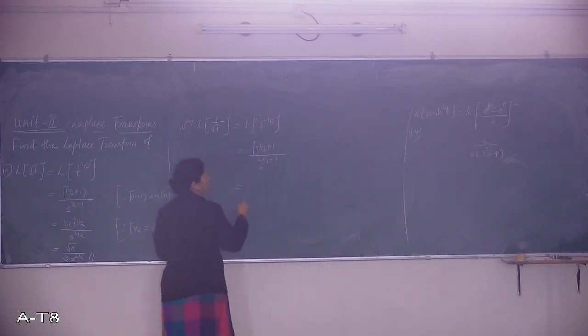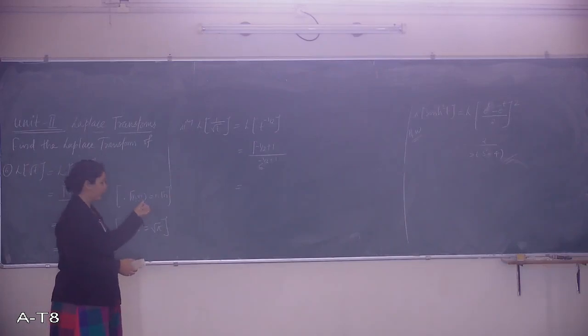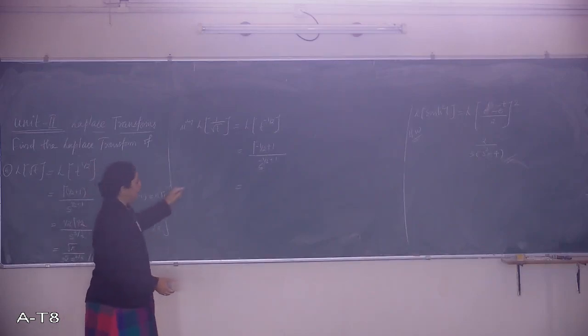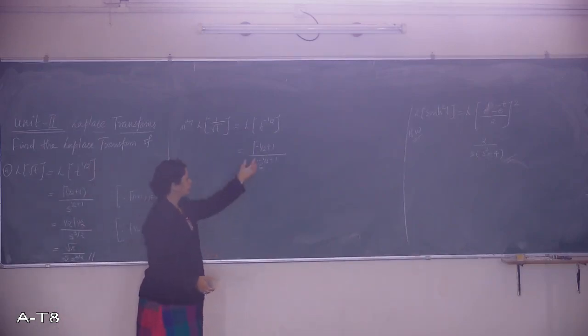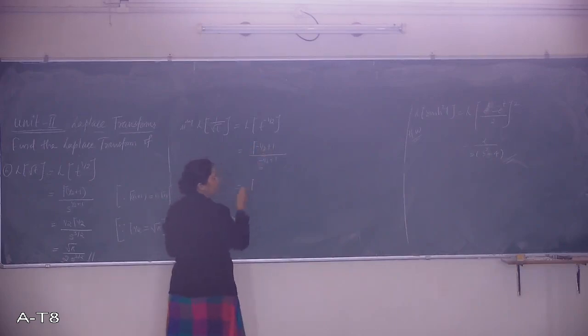Now simplify this. When n is positive, gamma n plus 1 is equal to n into gamma n, and when n is a positive integer, gamma n plus 1 becomes n factorial. But here it is negative, so first simplify this term. Gamma of (minus 1 by 2 plus 1) is gamma of 1 by 2, divided by s to the power 1 by 2.